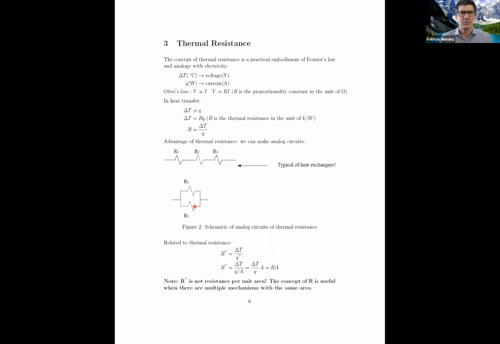To give you an idea, this last week I had a consulting case in which they paid me, and I'm very happy with it. And the whole problem for a big company was solved using this one parallel resistance circuit.